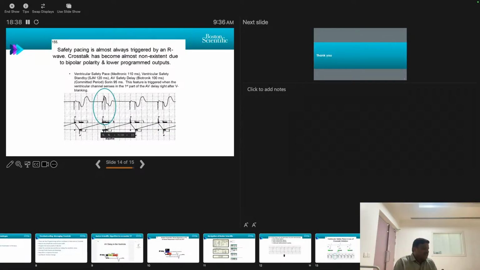If it fails, even though it is not a true failure from the device side, sometimes the rates are higher in the atrium, and if it is not able to confirm the capture, the outputs automatically switch to 5 at one pulse width as well as unipolar. On that occasion there is a high possibility for crosstalk to happen. If that happens, the device will pace at a fixed AV delay with Boston Scientific, and with safety measurements like 110 milliseconds from Medtronic, and so on.